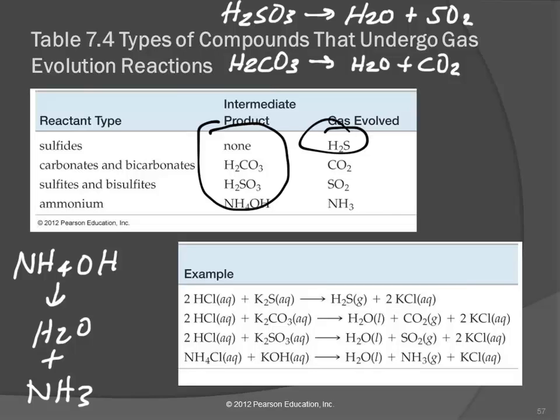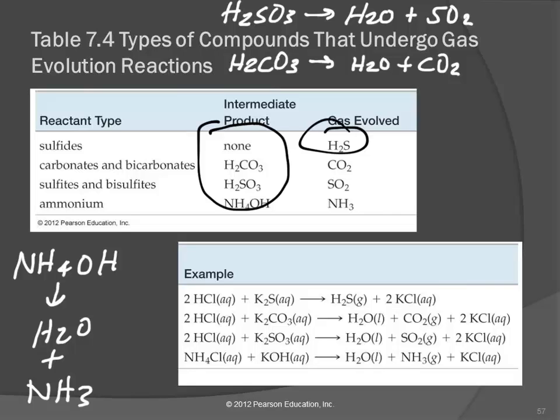Good question. To remember that, would SO2, SO3, and SO4 all become a gaseous state? No. Only the H2SO3. The H2SO4, if you pull the water off of that, you'd get SO3, and it just doesn't do that. Okay.